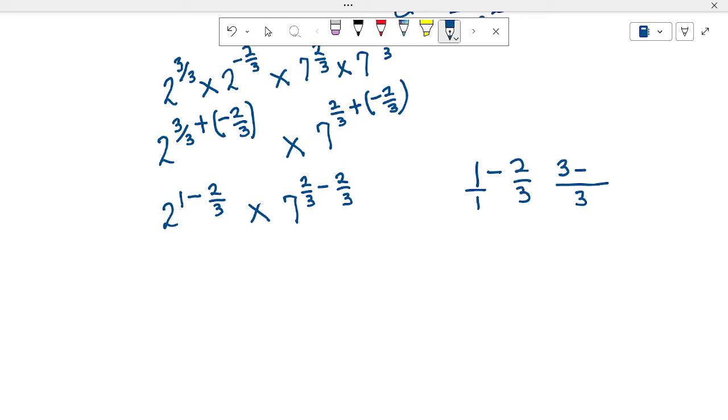Minus 3 divided by 3 is 1 times 2 is 2. So you have 3 minus 2 is 1 all over 3. So you come back here, you have 2 raised to power 1 all over 3. 2 raised to power 1 over 3.